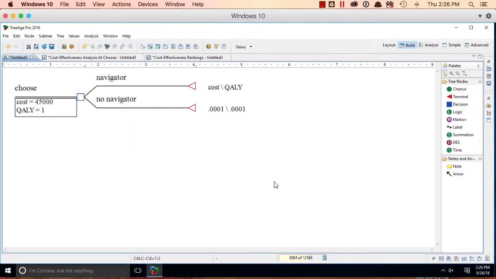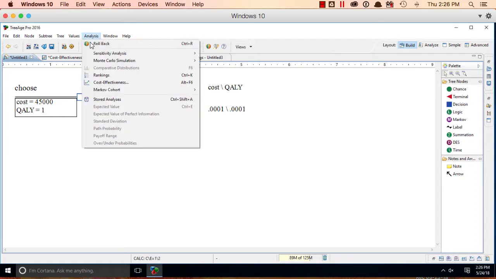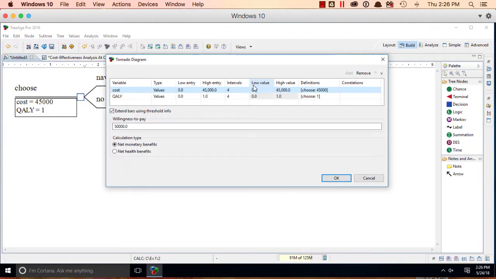And instead of a single solution, we're going to have a range of solutions. So we're going to examine the tornado diagram. The tornado diagram measures and visualizes how much of an influence the different variables in the model have on the net monetary benefit and the ICER. How much of an influence does the cost have on the ICER?